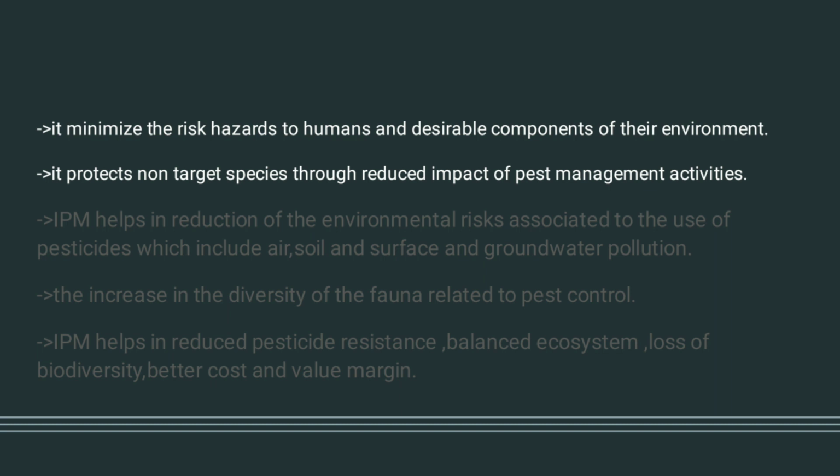IPM helps in the reduction of the environmental risk associated with the use of pesticide, which includes air, soil, surface and groundwater pollution. It increases the diversity of the fauna related to the pest control. IPM helps in reducing pesticide resistance, balancing the ecosystem, reducing loss of biodiversity, and gives better cost and value margin.